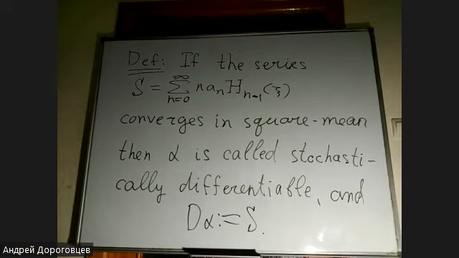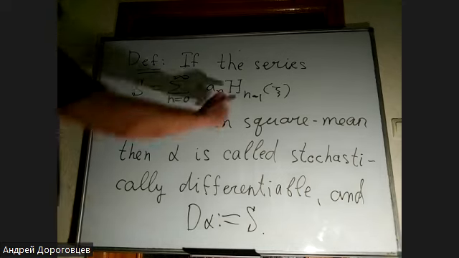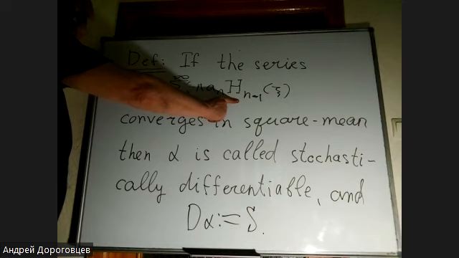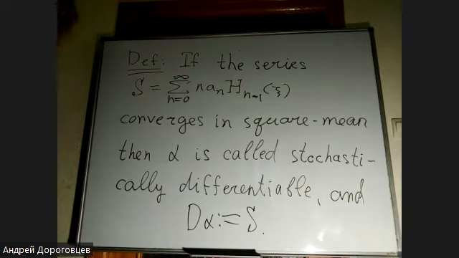So we have the following definition, which is natural from the point of view that this is exactly the derivative of the summand here, with respect to the probability variables.